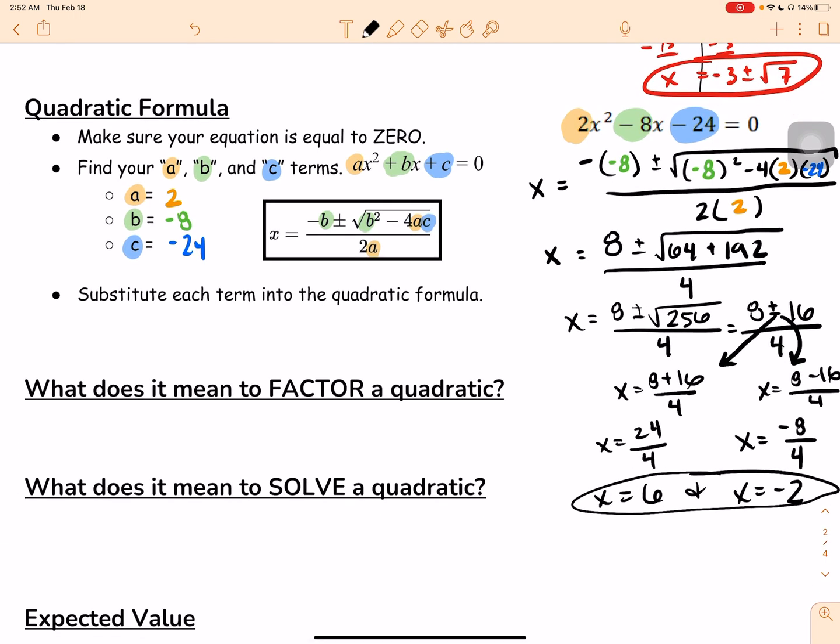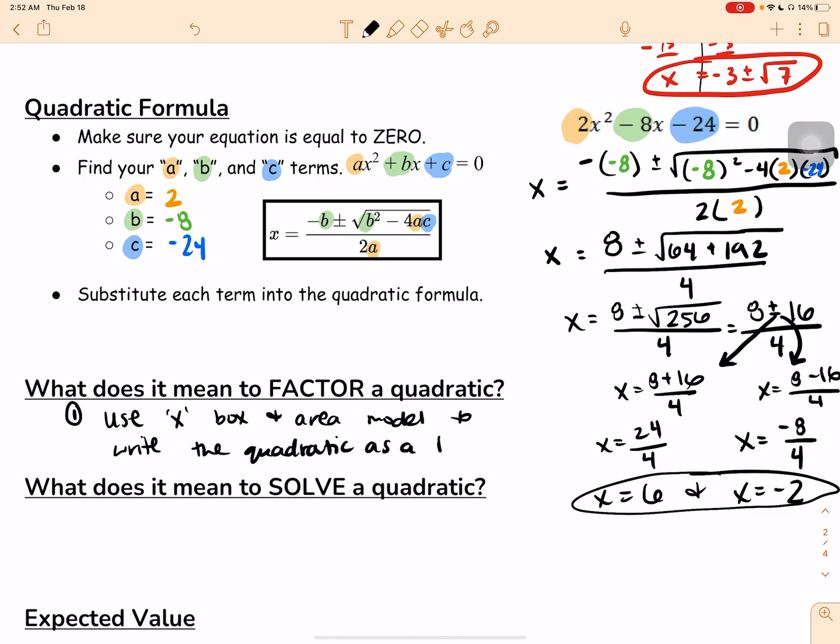What does it mean to factor a quadratic? So the first way to factor it is to use the X-box and area model to write the quadratic as a product. So something times something else.